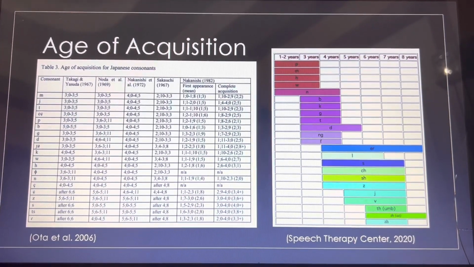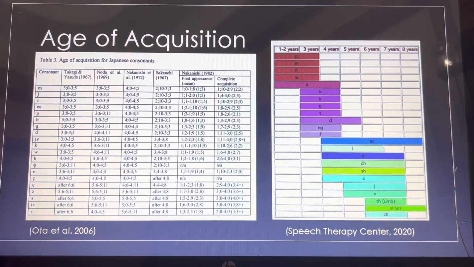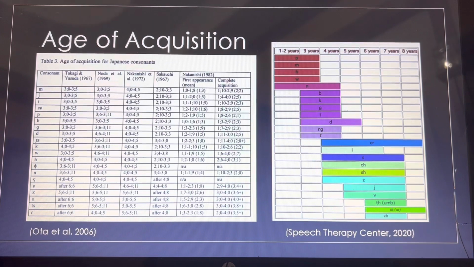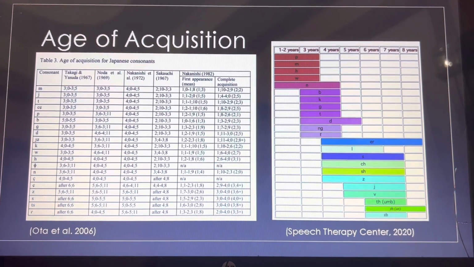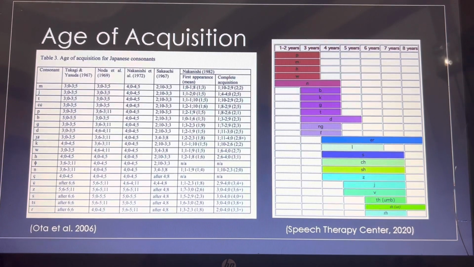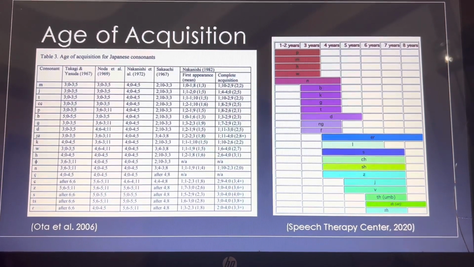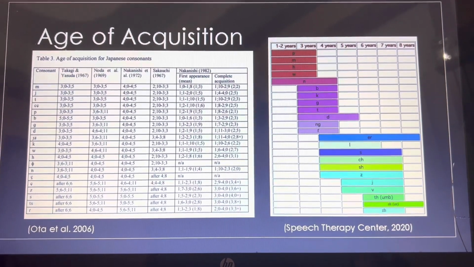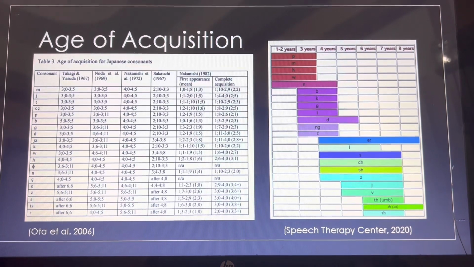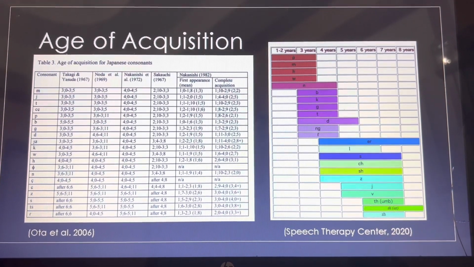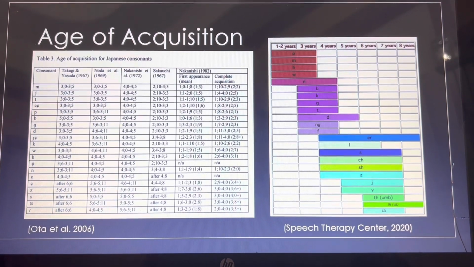Okay. Next on this side, we have the age of acquisition. So for the Japanese side, one article I found included several ages of acquisition that they had found and put it all on one chart. So this is just something that you can refer to, but just looking at it, you can see that there's just slight differences that you're going to find compared to Japanese and English.